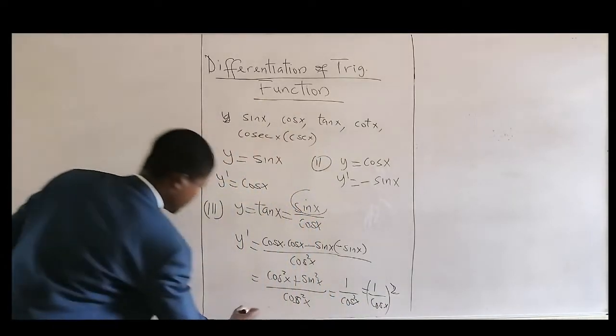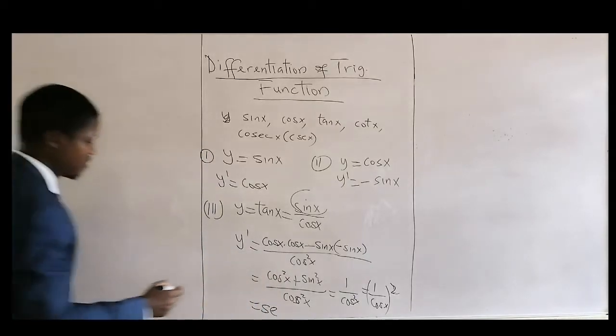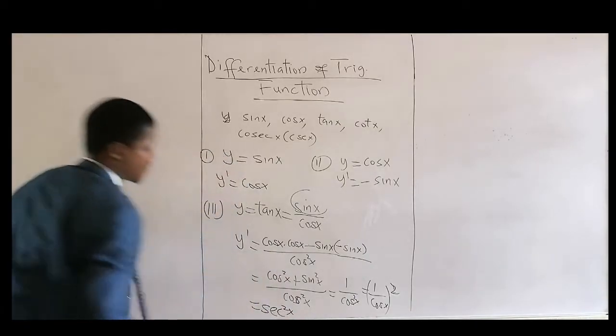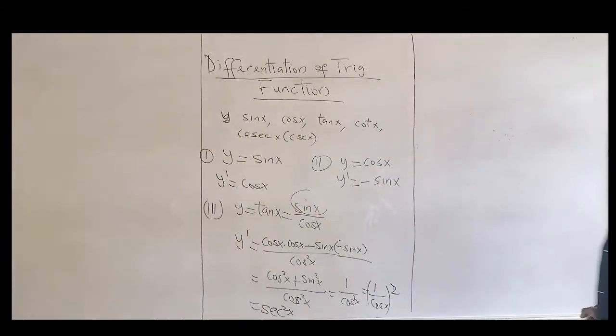And that will give us what? 1 over cos is sec, so that will give us sec square x. So the derivative of tangent is sec square x.